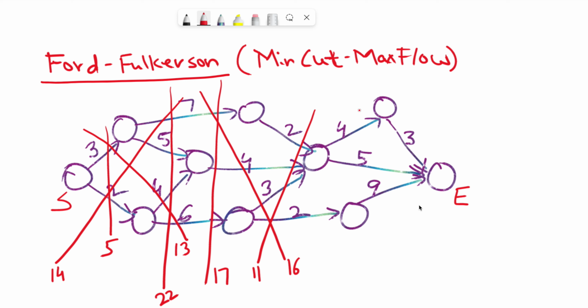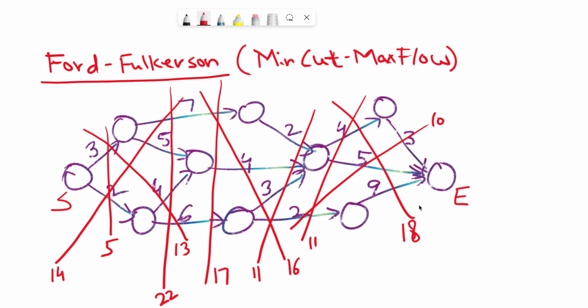All right, and so we continue with this one. That is 11. We get this one here. That is 10. We got this one here. That is 4, 5, 18, and 9.